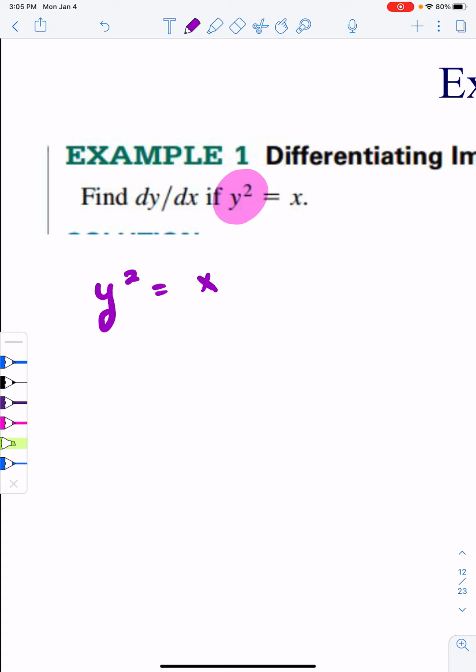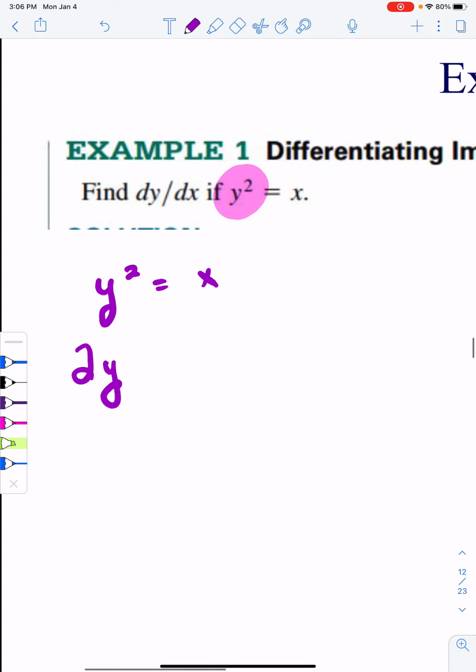If I were just applying the regular power rule, this would become 2y, but we're not taking the derivative with respect to y, so we're going to go dy dx. And then when you take the derivative of x, it's just 1, but because we're taking the derivative of an x term, we don't need dy dx as part of it.